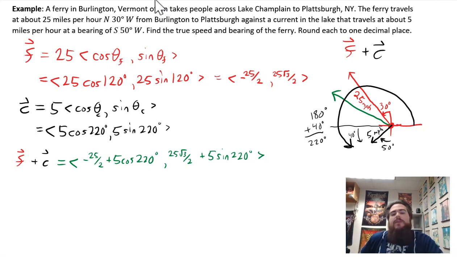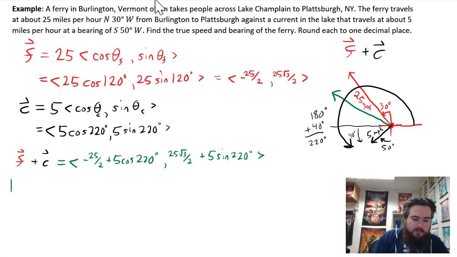We now need to find the true speed and bearing of this based on that resultant. Well, speed was what we used for magnitude for the previous two vectors, meaning if I want to find the speed of this resultant vector, I need to find the magnitude of it.